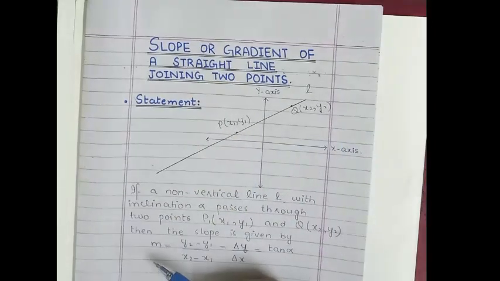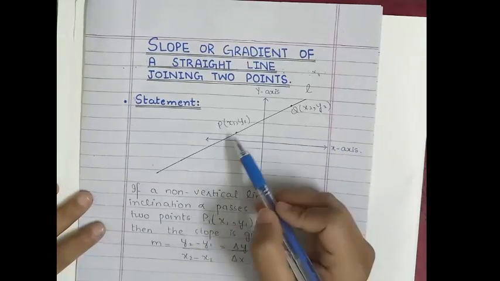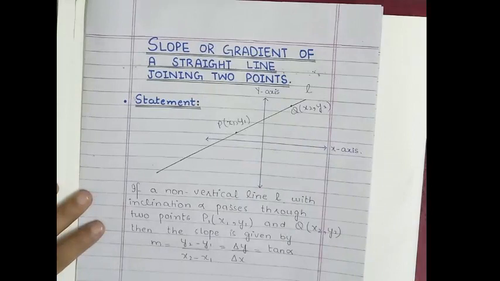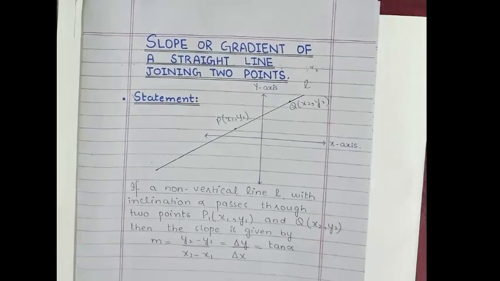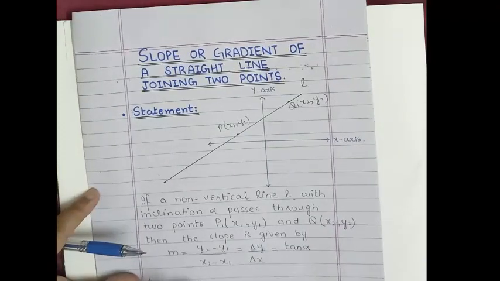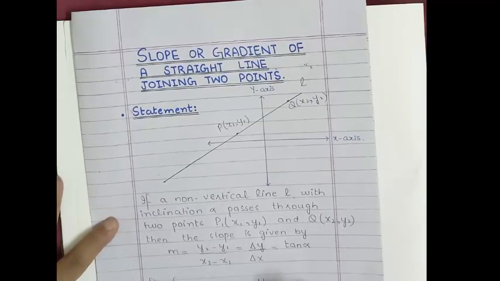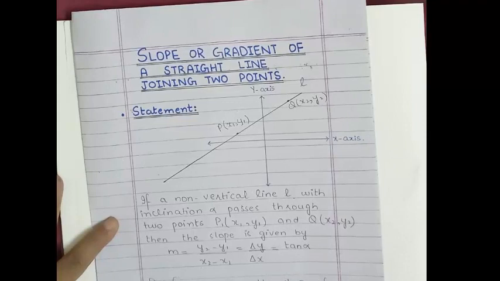Next, what we will do is let m be the slope of the line L. Starting the proof, let m be the slope of the line L.